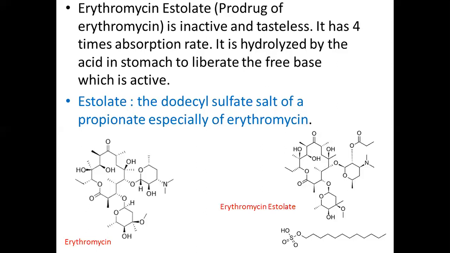It has 4 times more absorption rate than its simple base, and it is hydrolyzed by the acid in the stomach to liberate the free base, which is the active one.